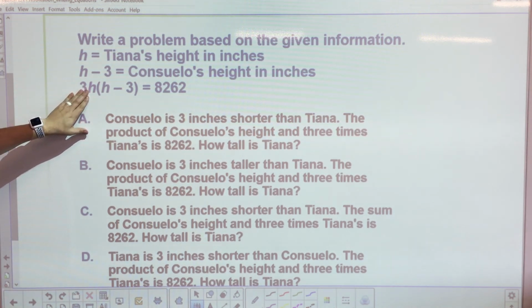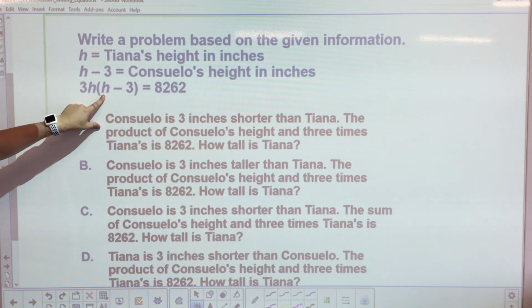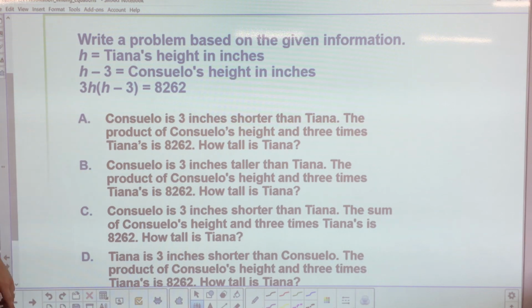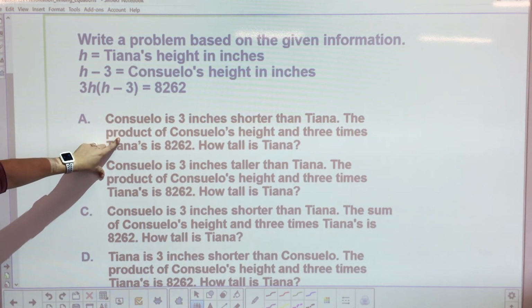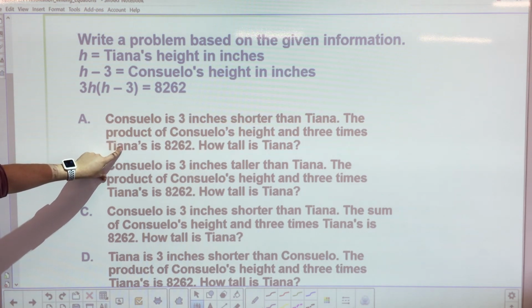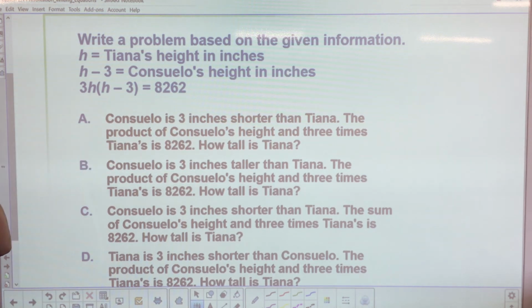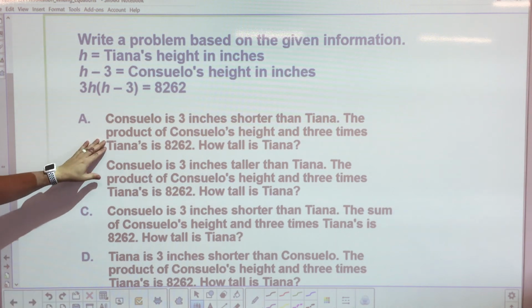It is saying that Tiana's height is 3 times taller than Consuela. So let's look at this. Consuela is 3 inches shorter than Tiana. The product of Consuela's height is 3 times Tiana's, is 182. How tall is Tiana? No, I don't think that's right.